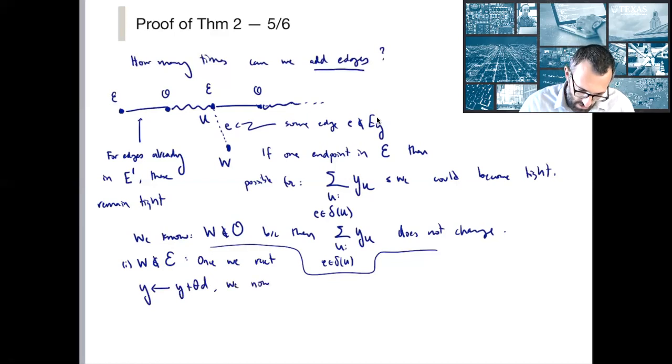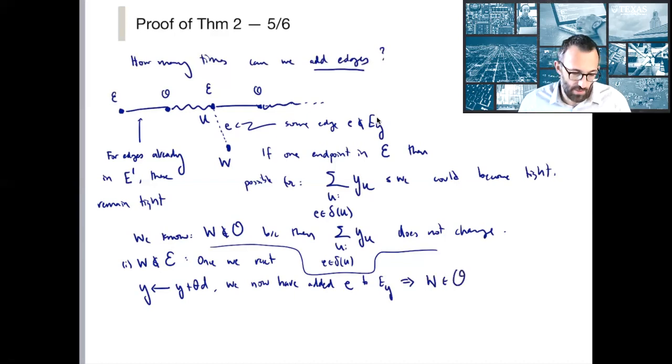We now have added our edge E to EY, but that means that once this dashed edge becomes an edge, that means that now w is going to be odd.